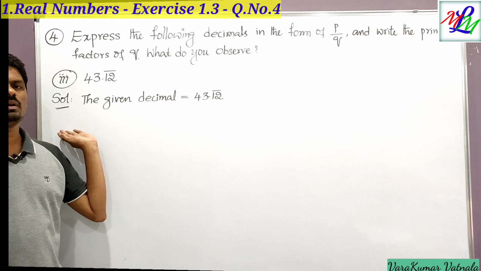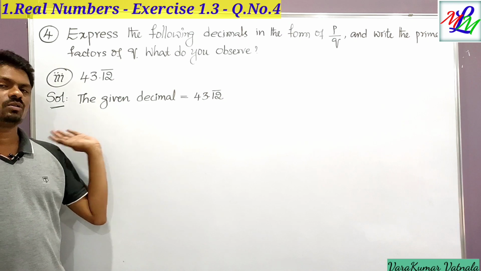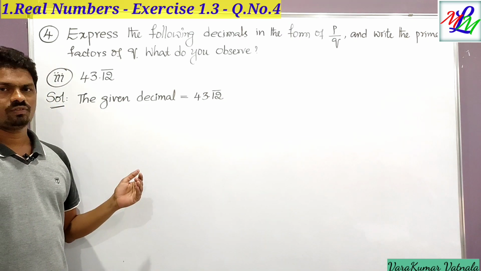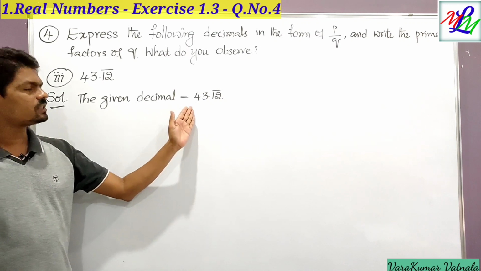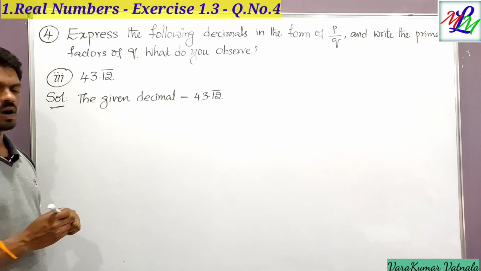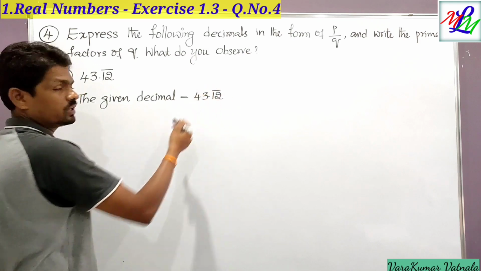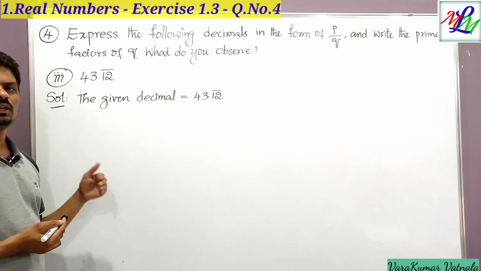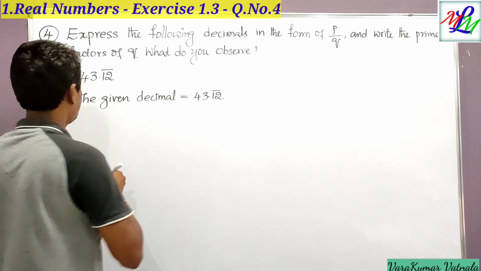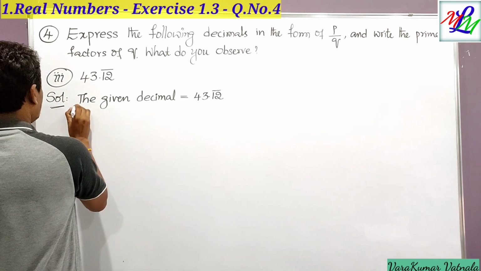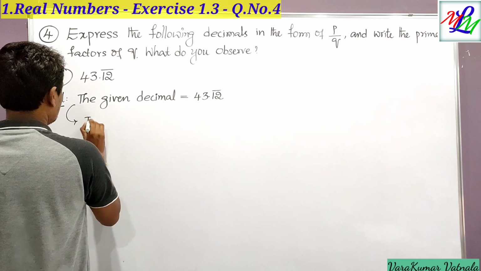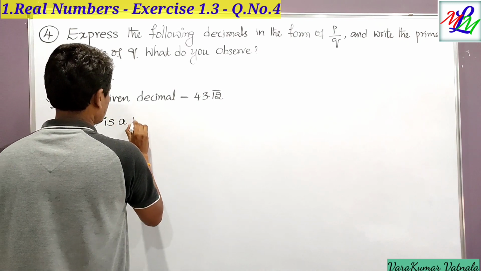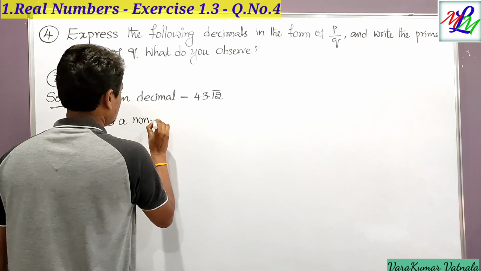Next, in the fourth problem, again we have to write the p by q form of the given decimal. Then after we have to write the prime factors of q. So the given decimal is 43.12 bar. If there is a bar, we can say that it is a non-terminating repeating decimal.